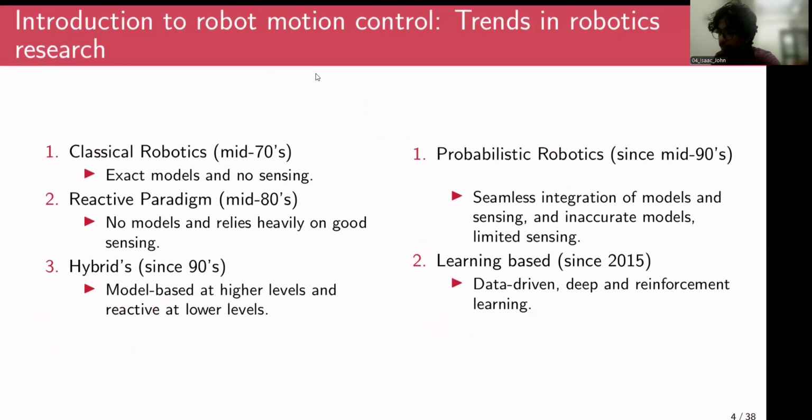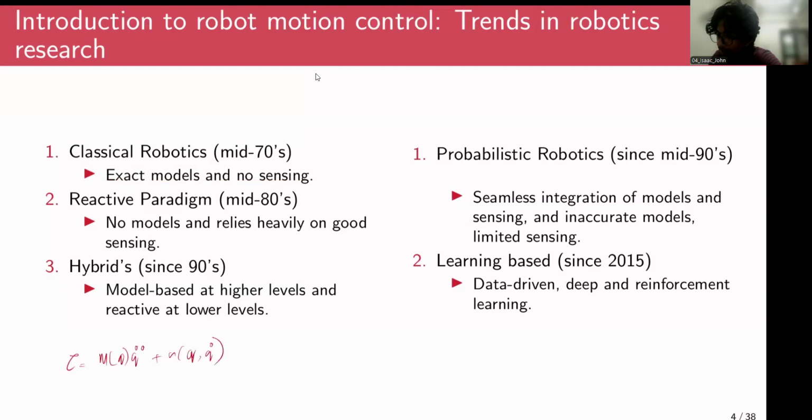So let's see some of the philosophies adopted in motion control that has evolved over time. So during the mid 70s, we call that period classical robotics, where we use exact models and we never had any sort of sensors. So just like what I was saying earlier, we use this exact model M(q)q̈ plus N(q, q̇).